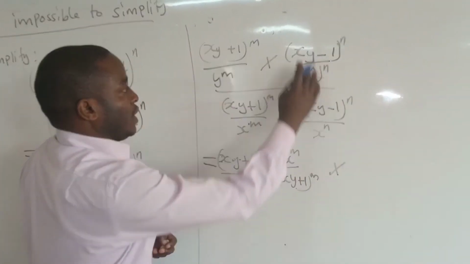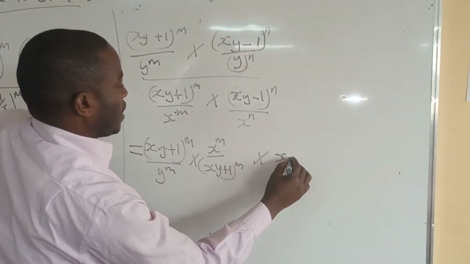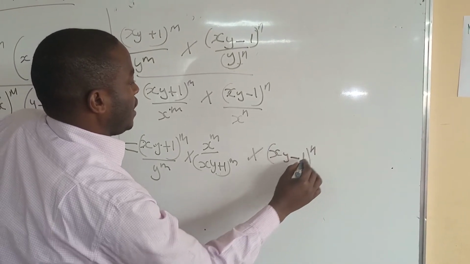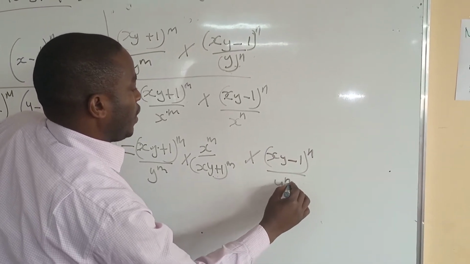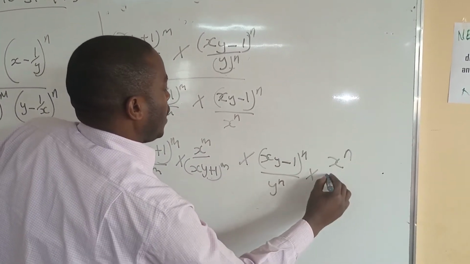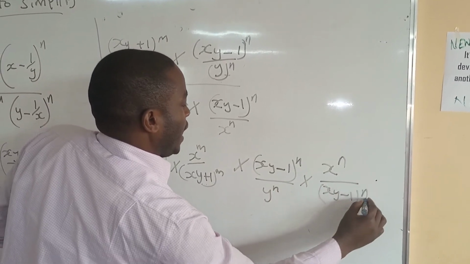Then times, we do the same on this side. It is now this one which is xy minus 1 power of n all over y power of n times this one now reciprocal x power of n all over xy minus 1 power of n.